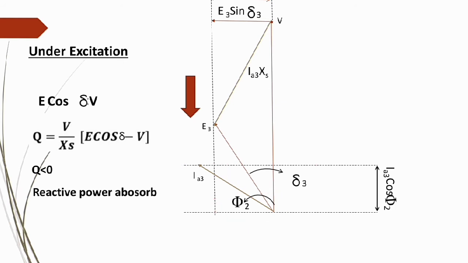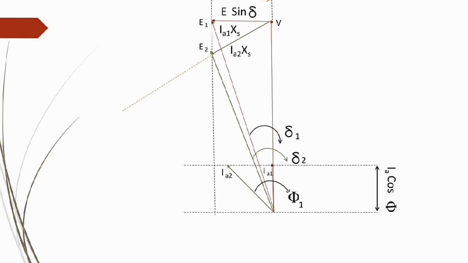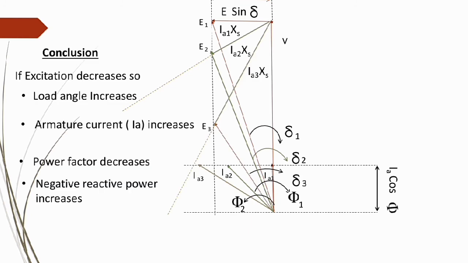In the last we compare all these things. In the first case, this is the case of normal excitation. This is the case when we go from the normal excitation to under excitation, and you notice the value of del 2 is more than del 1. Then the value of del 3 is more than del 2 and more than del 1.